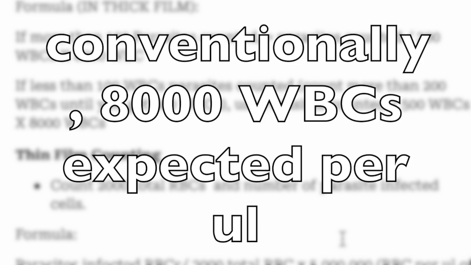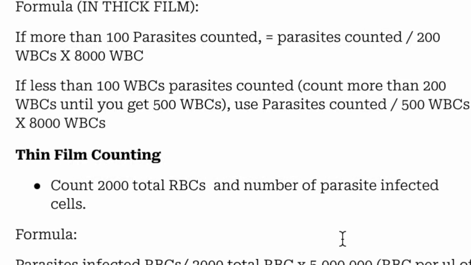You use your estimated white blood cell count as 8,000 white blood cells per microliter. But if you have a machine that can actually assess the full blood count for you so that you get the actual white blood cell content, then do that. But if you don't, then you can just estimate it to be 8,000 white blood cells per microliter.